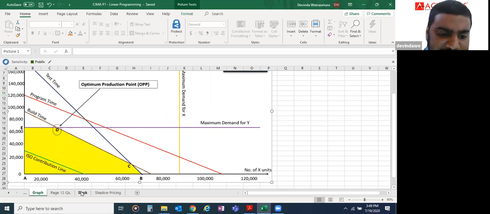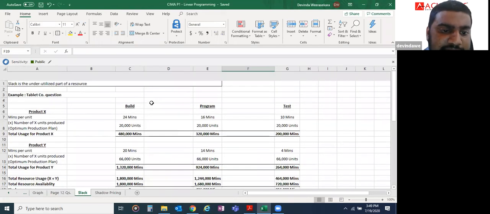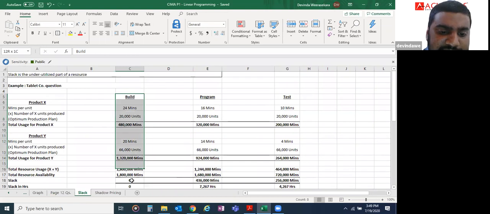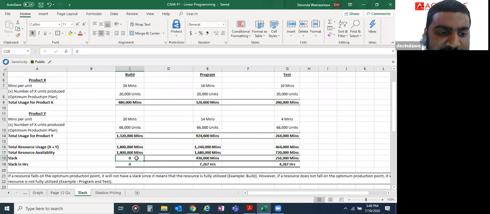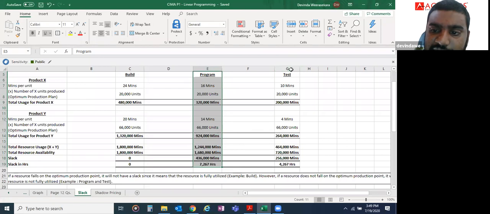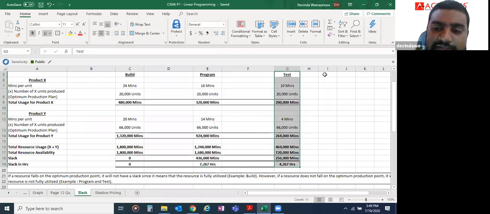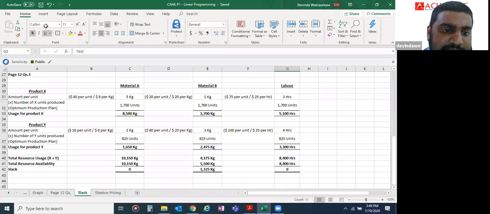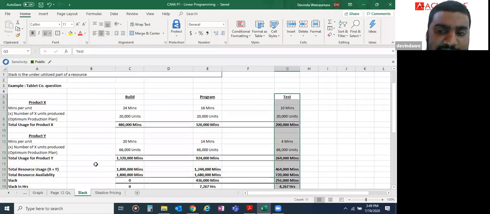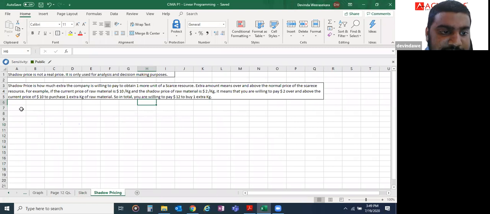The resource that fell on the optimum production point was fully utilized, and we didn't have any resources remaining. And the resources that didn't fall on the optimum production point were not fully utilized, and there was an unutilized or slack value left. Clear? So a scarce resource is a resource that has no slack.